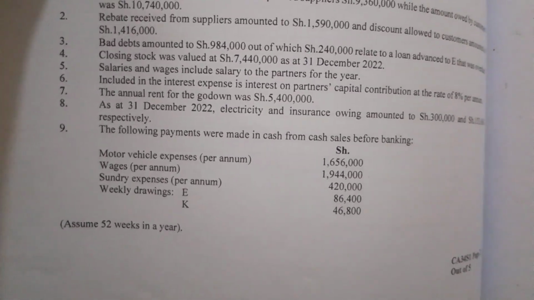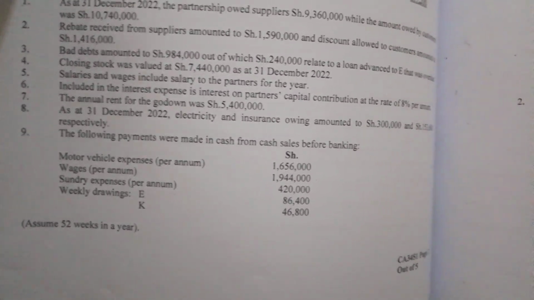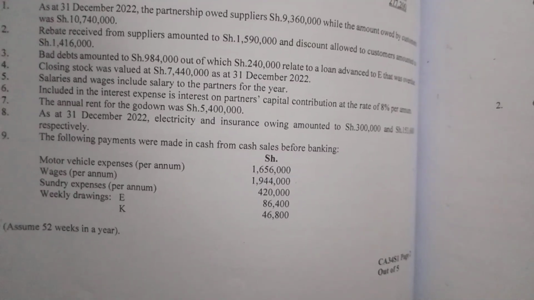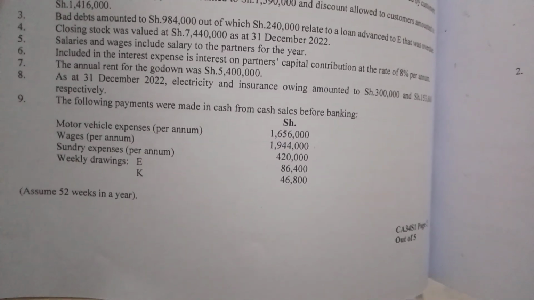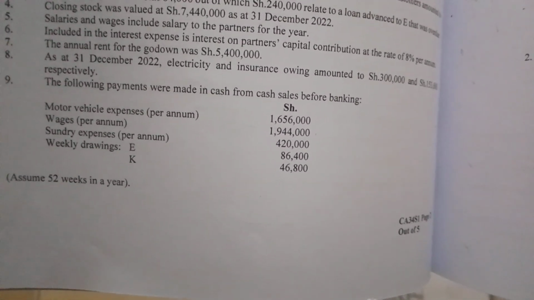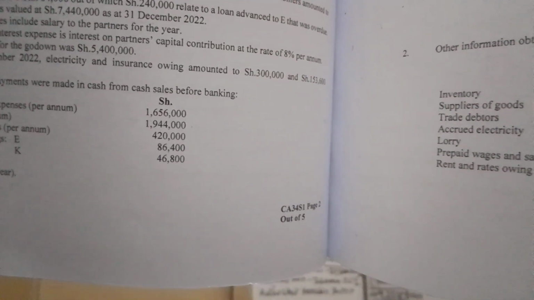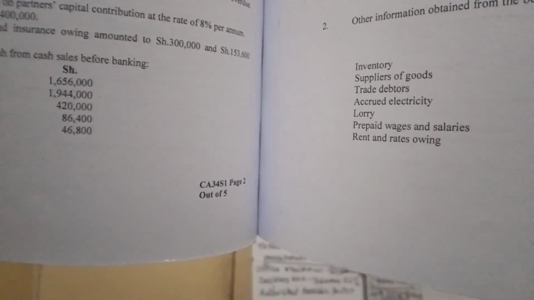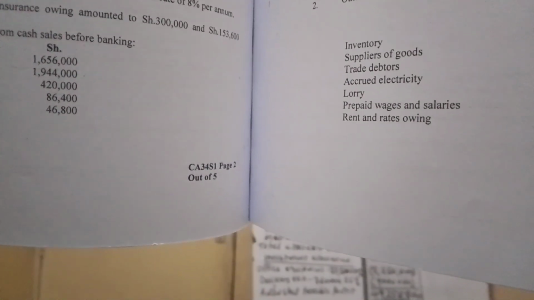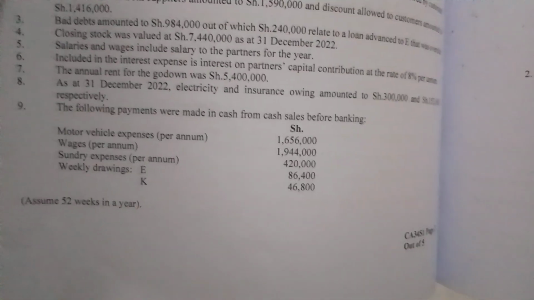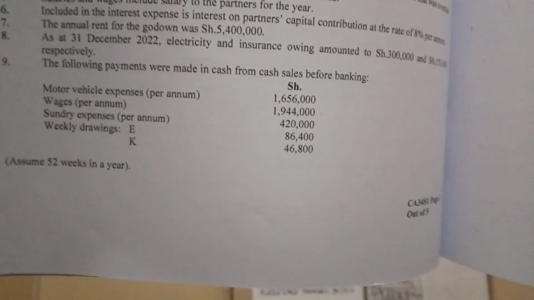Number seven, the annual rent for the godown was 5.4. Number eight, as at 1st December 2022, electricity and insurance owing amounted to shillings 300,000 and shillings 153,600 respectively.